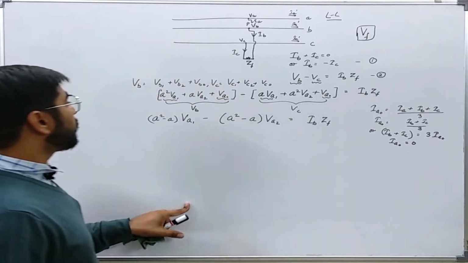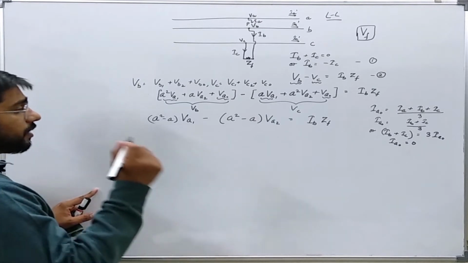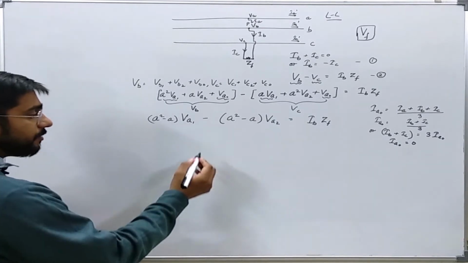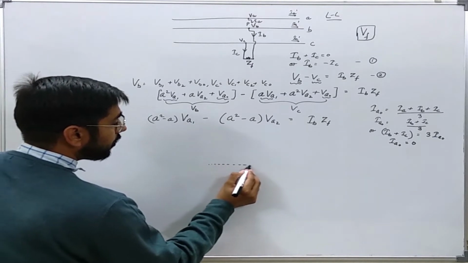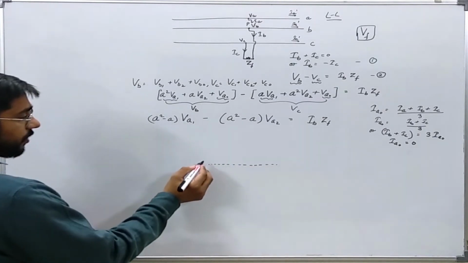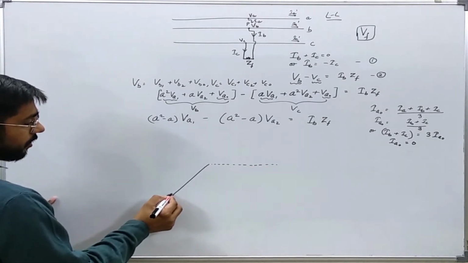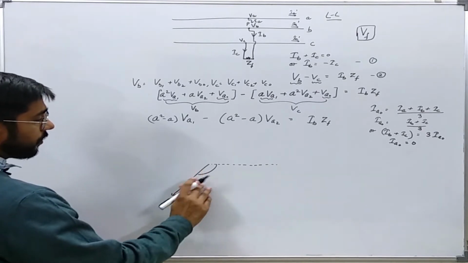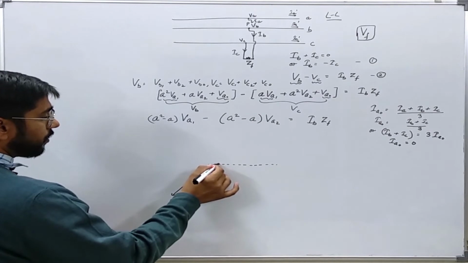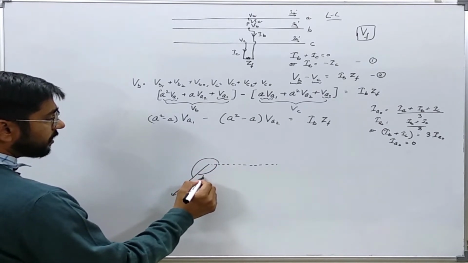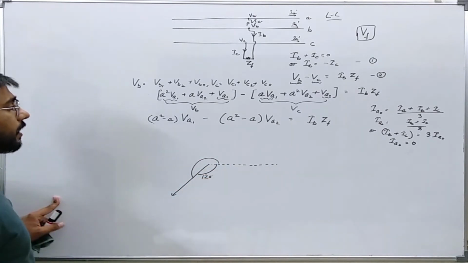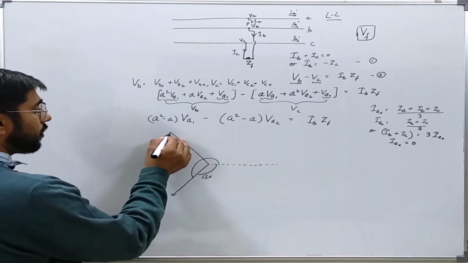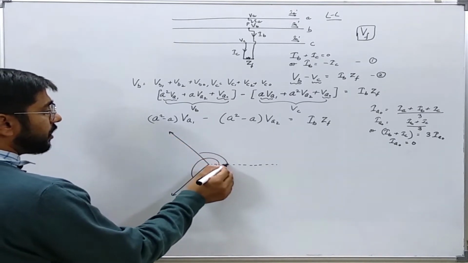Now we know that A square minus A, let us derive this. Let us take this as reference. So A square will come here, this is 240 and this is angle 120, and A will come here. This angle is 120.